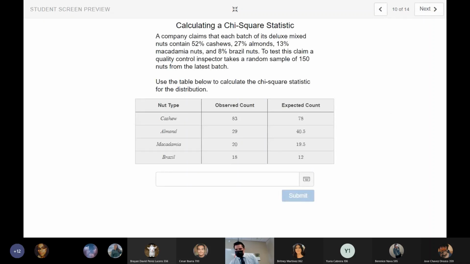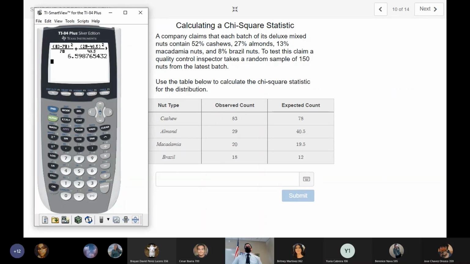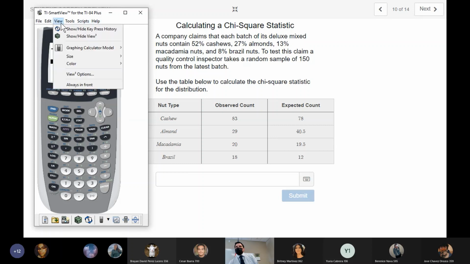Let us see, where did I go? There it is. All right, so if we do this, we should get 6.59876, and so on. Big old decimal, right?